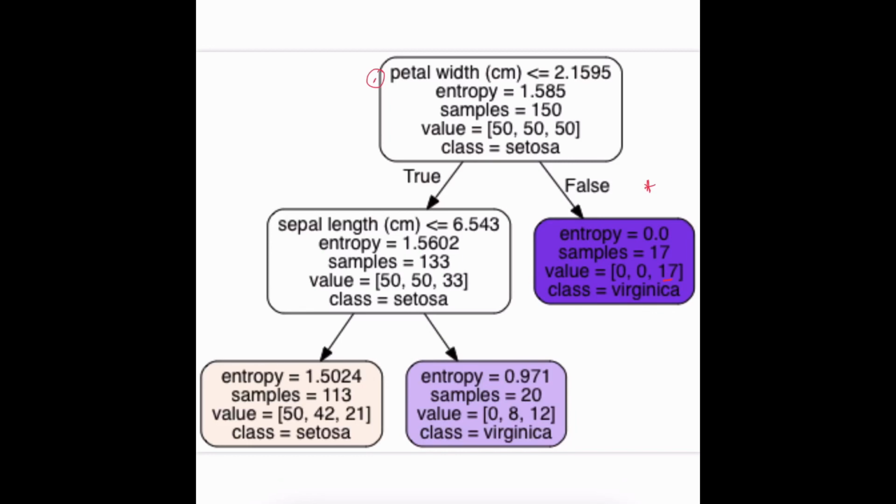In this path, we have all 3 classes, and setosa and versicolor are near 50, because the only thing that actually went to the right is virginica. So we have the other 33 here. Now what happens when we split again based on sepal length?